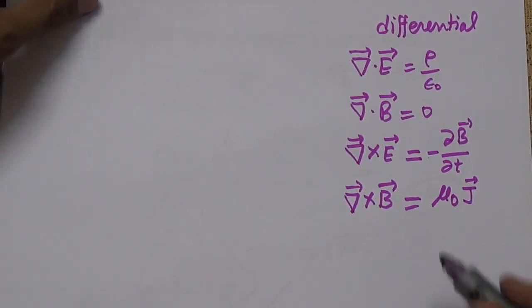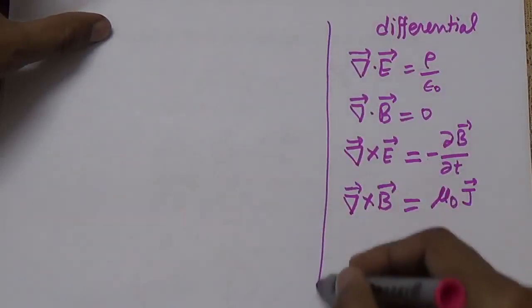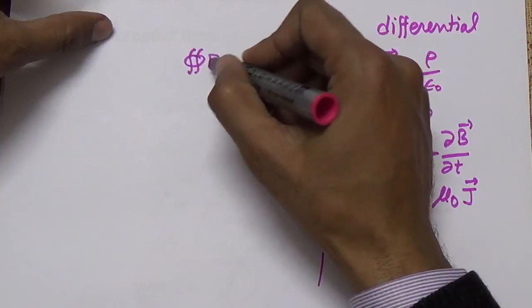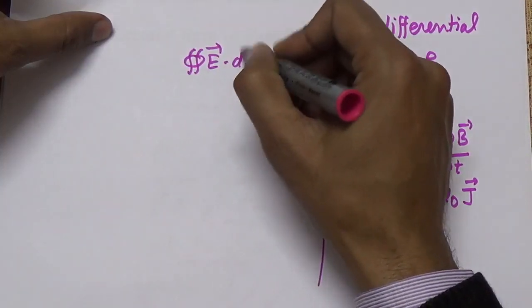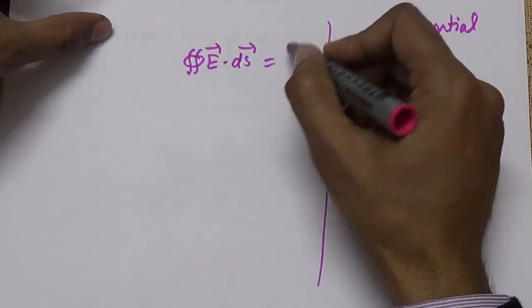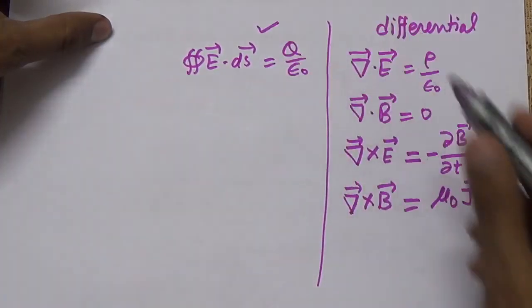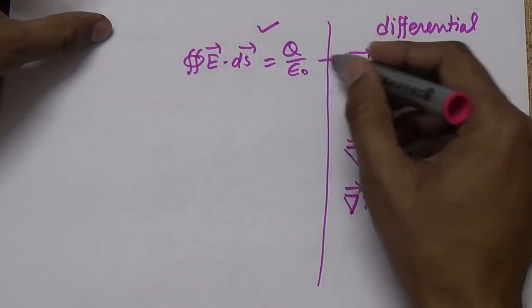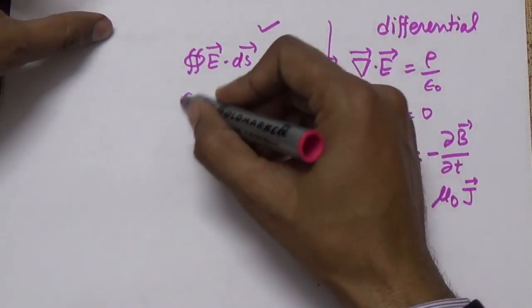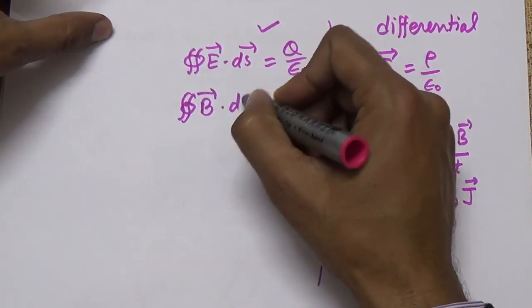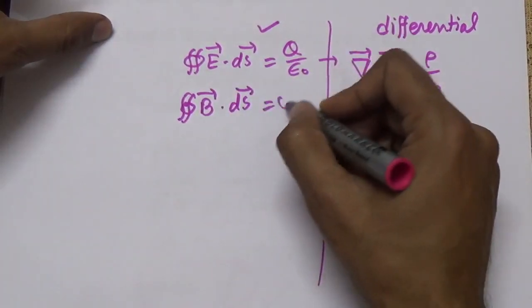So these are the 4 differential equations corresponding to the integral laws. The first law: closed surface integral E dot ds is equal to Q upon epsilon naught. This is the integral form, and the earlier one is the differential form of the first law. Second is closed surface integral B dot ds equal to 0.